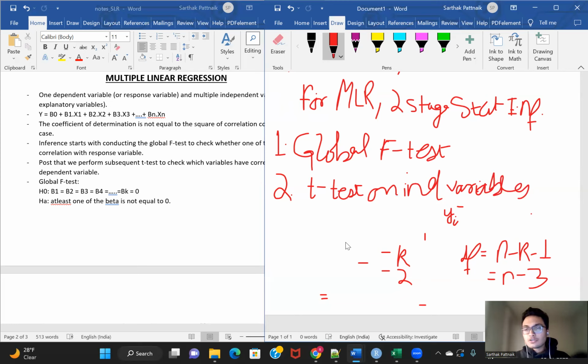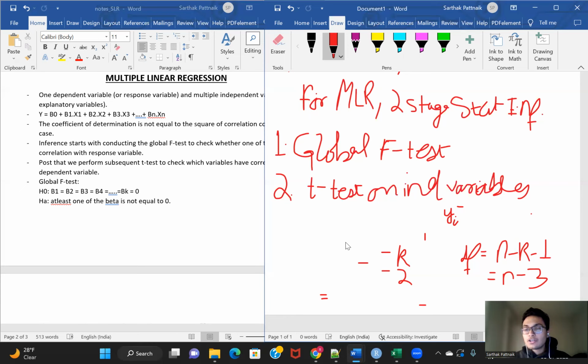So what is the purpose of this two-staged test of statistical inferencing when it comes to multiple linear regression? The purpose is that in stage number one or the first stage, what we are trying to determine is whether any of the independent variable have any association with my dependent variable. Let me reiterate.